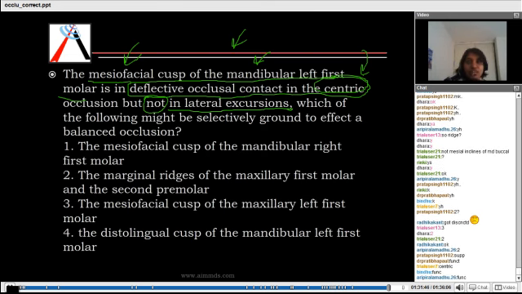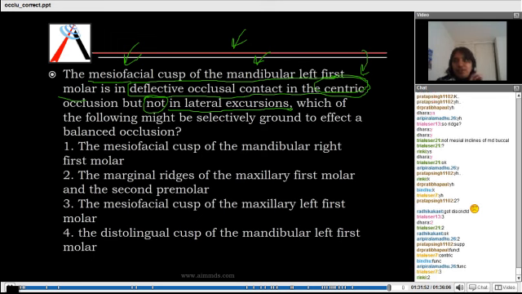It's a functional cusp, so we cannot grind it. So we will grind the place where it is contacting. Wherever it is contacting, whether in the fossa or anywhere else, we'll be grinding that place. Get the point? Because it's in centric.